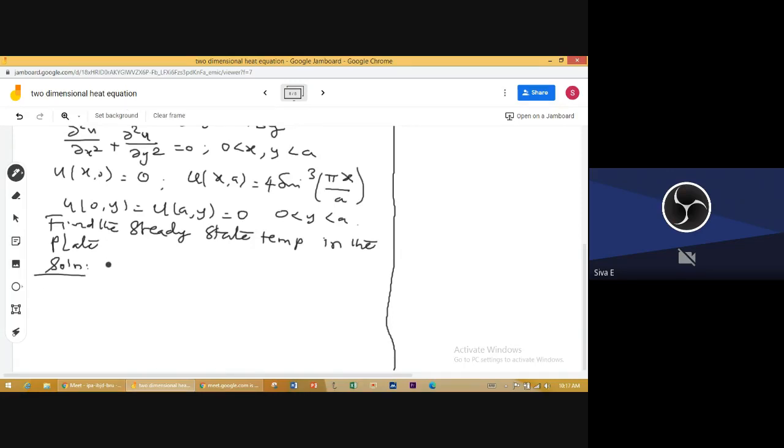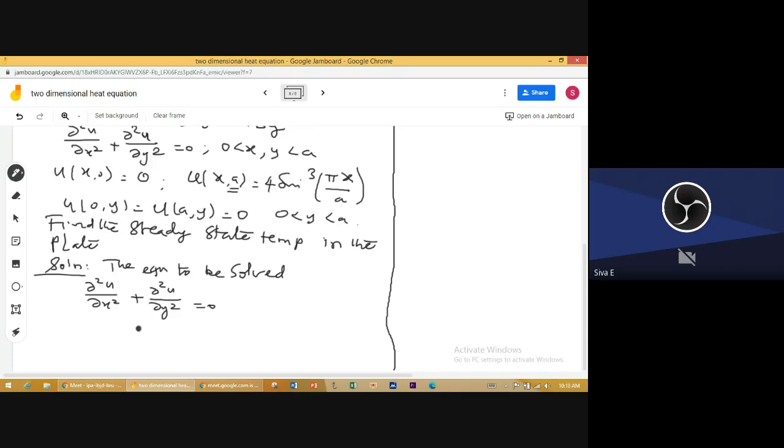So what is the equation to be solved? The equation to be solved is ∂²u/∂x² + ∂²u/∂y² = 0. You know the suitable solution. The non-zero boundary condition is u(x, a), that is y is constant. Even in the last problem y is constant, and you are getting f(x).